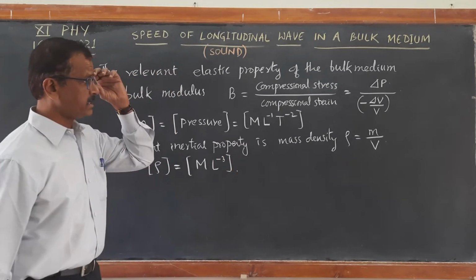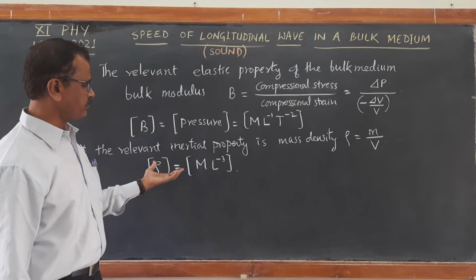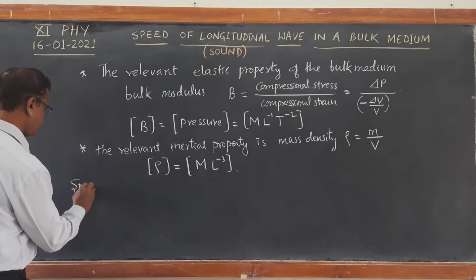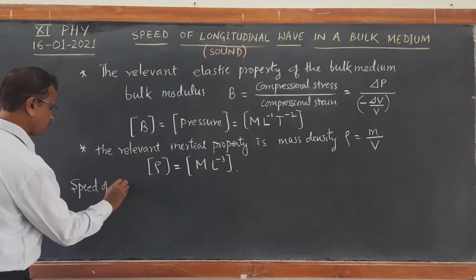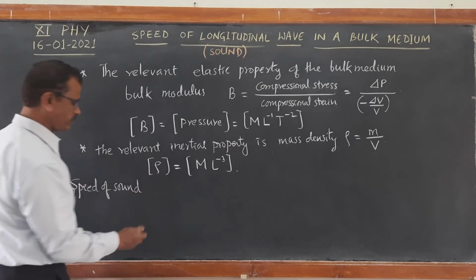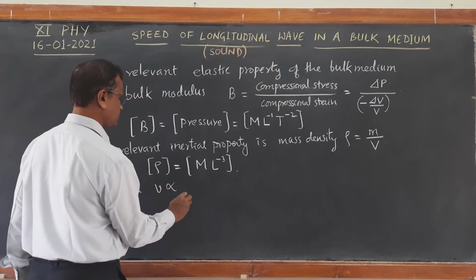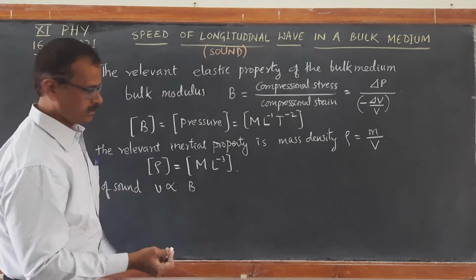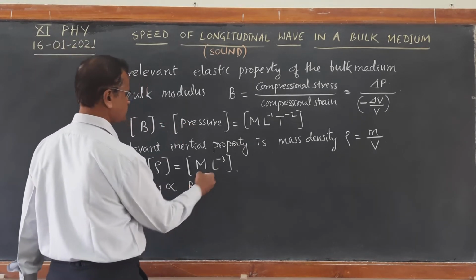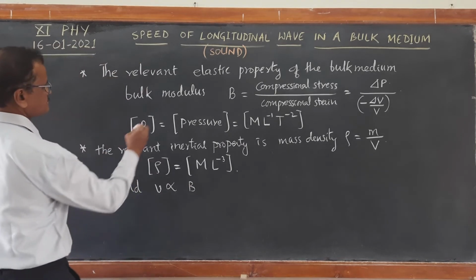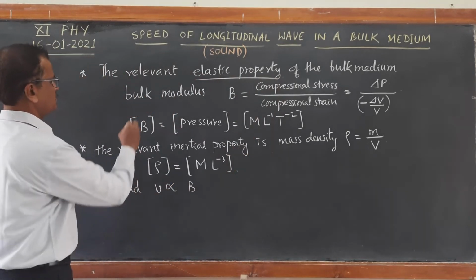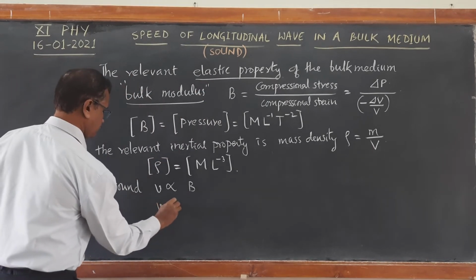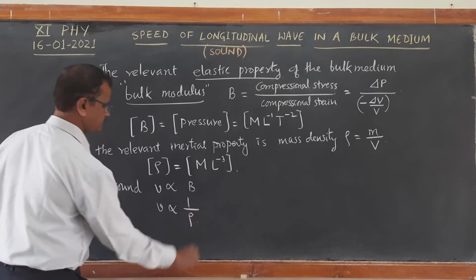Again, by the same dimensional analysis, we find the speed of sound, or speed of longitudinal wave, is directly proportional to the bulk modulus, or pressure, that is the elastic property, and it is inversely proportional to the density.